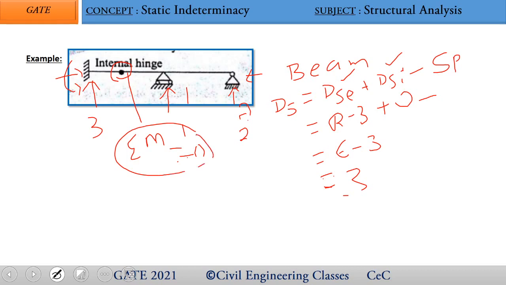So when 2 members are connected to this internal hinge, you can add only one equation. So here minus 1. Okay. So total now it is equal to 2. So what is the final static indeterminacy of this beam? That is equal to 2. So I hope you understand.